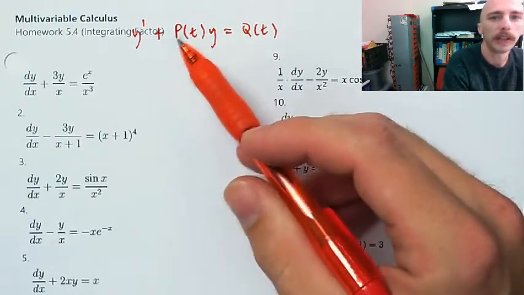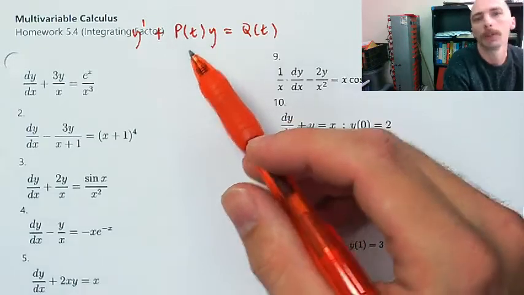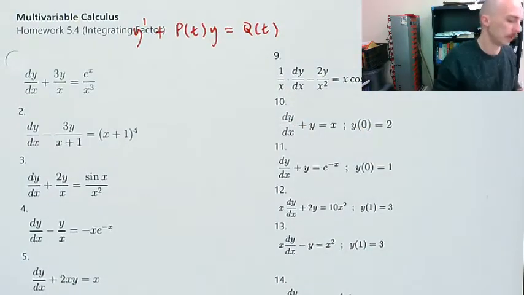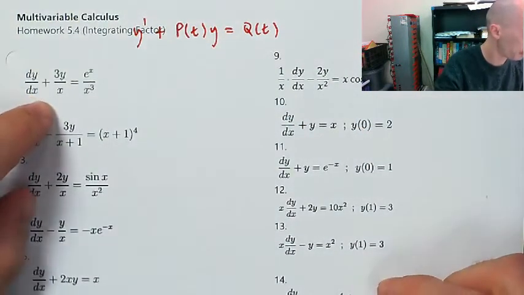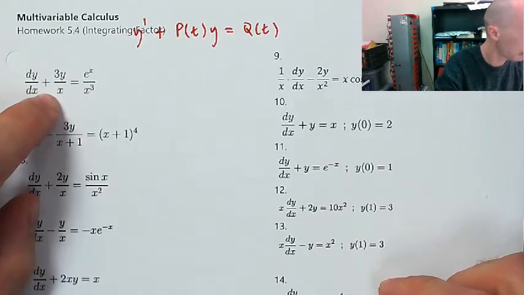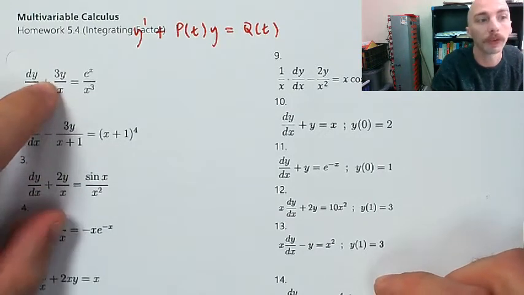And then if we can take e to the antiderivative of p, then we're going to be able to do this technique. So in this case, we're thinking of P of t as 3 over t.